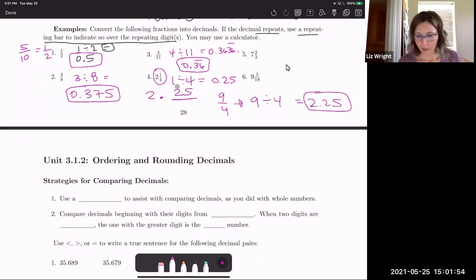Okay. So then here we are doing 7 2/3. So again, you're doing 7 point something. That something is going to be the 2 divided by 3 in your calculator, which gives you 0.666, and it just keeps going. Depending on the calculator you have, it might say a 7 way down at the end.